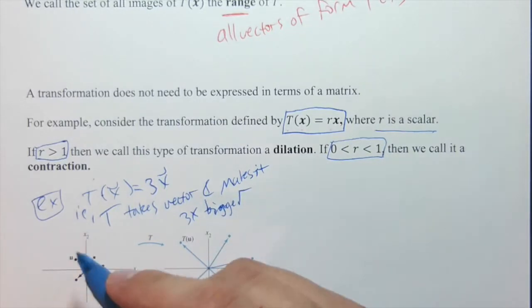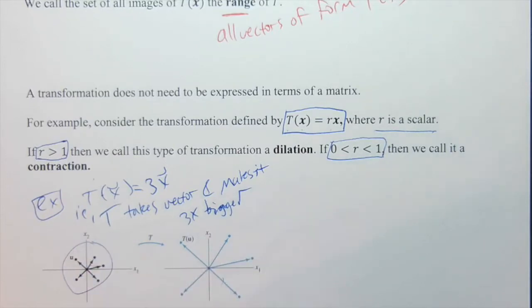This is exactly what's going on here in R2. If we had a bunch of vectors in R2 and applied T to them, they'd stay in R2, because we're just multiplying by 3, and each gets 3 times larger.